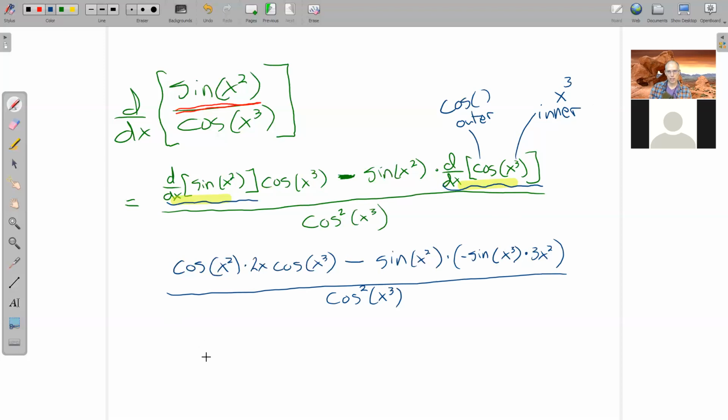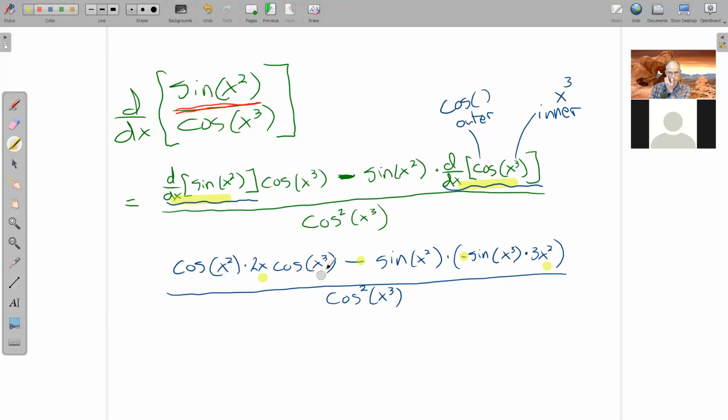All right, can we clean this up very much? What do we got? Let's get a highlighter. Let's see, well, I have a factor of x here, and there's a factor of x inside that square there. Negative times a negative will clean up a little bit. And then I have a cosine of x squared, but no other cosine of x squared.